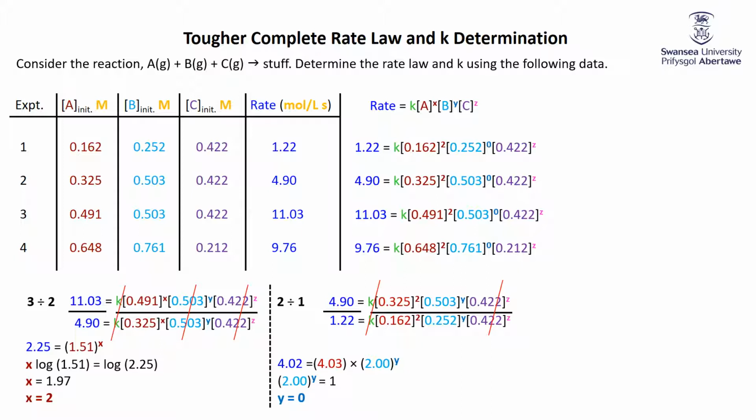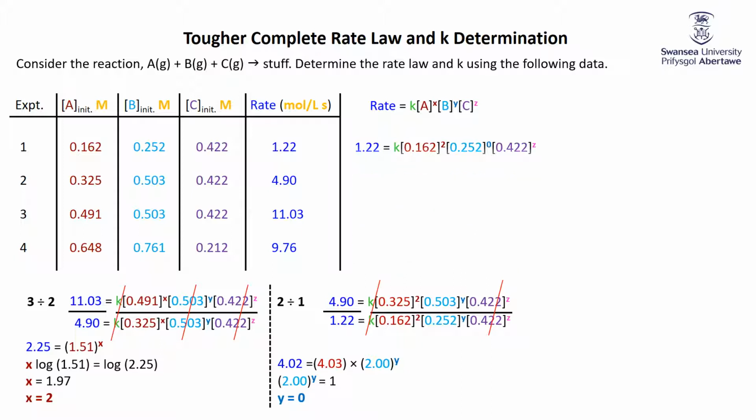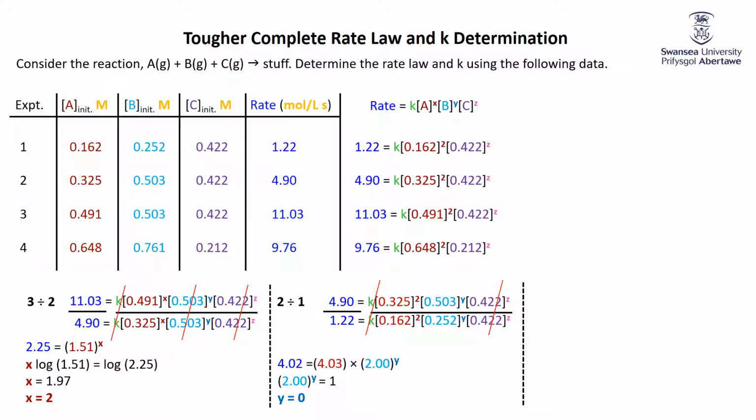Okay, now the last ones, we've got k's and we've got z's. What shall we combine to get rid of those? Well, now it actually doesn't really matter. We've just got to combine ones where the z's don't cancel. So it has to involve 4 because that's the only one with a different z term in it, but we could take any of 1, 2 or 3. So I'm just going to take 4 divided by 1, big number on top again.